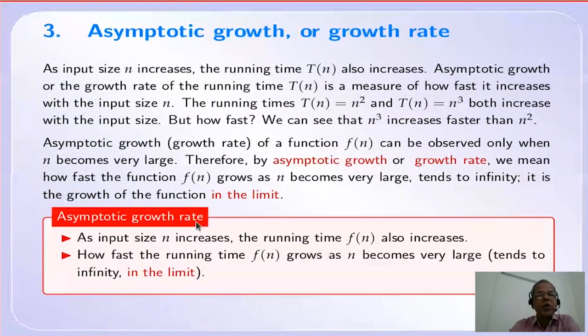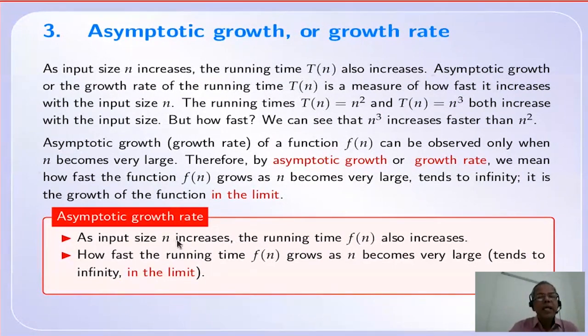What is asymptotic growth rate or simply asymptotic growth? As input size n increases, the running time f of n also increases. This asymptotic growth rate can be discussed for any function f of x and g of x. But we are interested only in the running time functions. Therefore, our discussion will be in the context of running times.